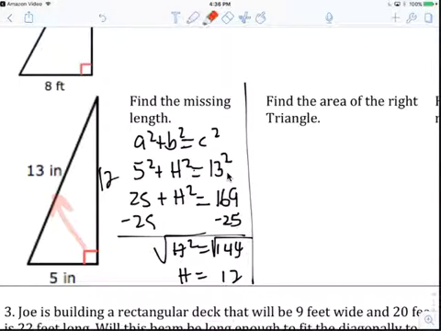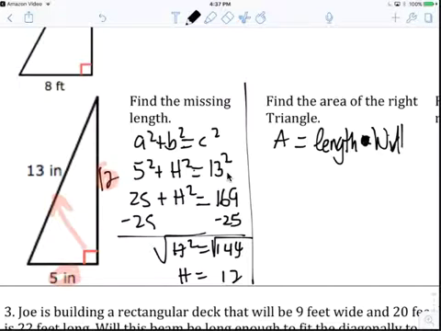Find the area. The area is the length times the width divided by 2. Area of a triangle is length times width divided by 2.